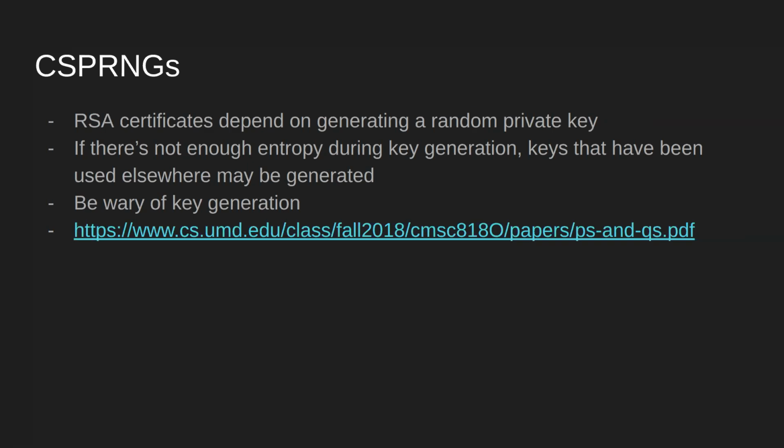So over a large number of people generating keys, your keys might share some common factors with somebody else's keys, and that kind of breaks the security of RSA or whatever asymmetric cryptographic scheme you're using. I think this paper looks at RSA in particular. So when you're generating keys, this is an often overlooked area. You have to be wary of how you do that as well.